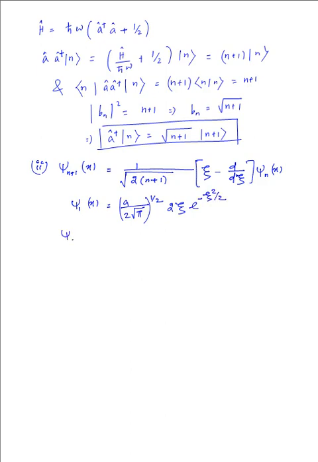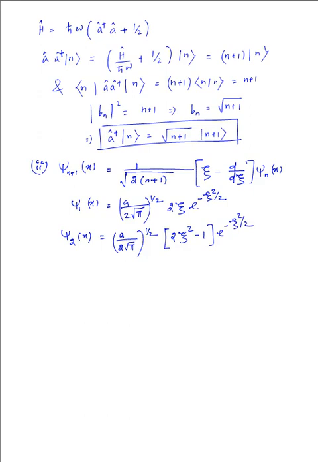Now from this, if we use it to obtain psi 2 of x, what we find is, I'm cutting it short for you, a over 2 root pi raised to the power half, so that term comes out, and within the square bracket we have 2 xi squared minus 1, multiplied by the exponential of negative xi squared over 2.